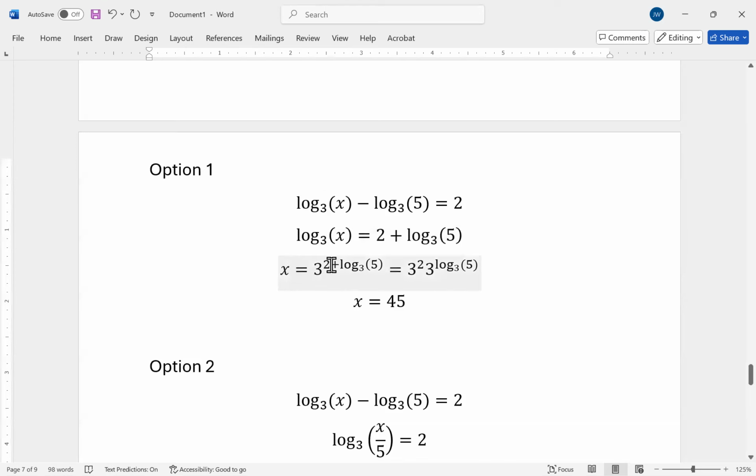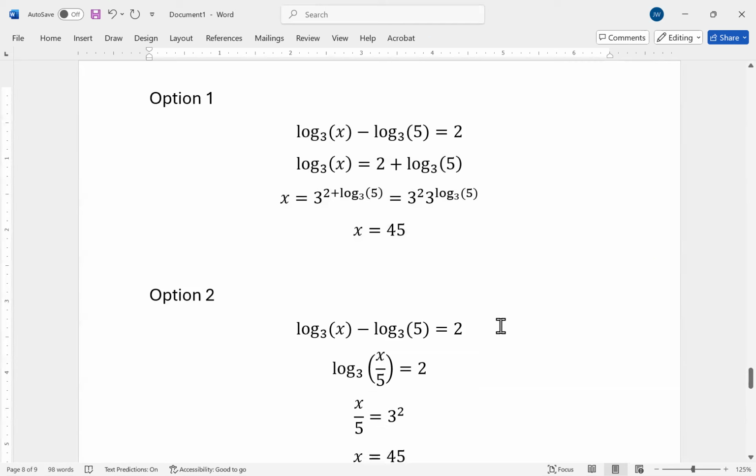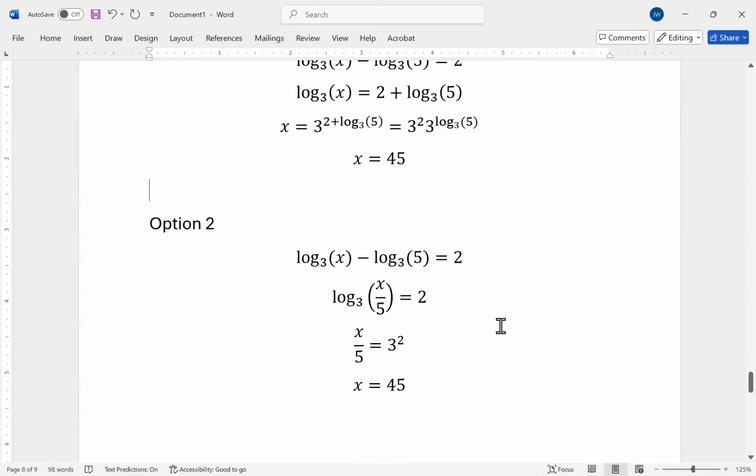I don't have to deal with this really ugly exponent, but they're very, very similar in that we're using the properties of logs to rewrite and then solve for x. Rewrite as an exponential function and then solve for x.